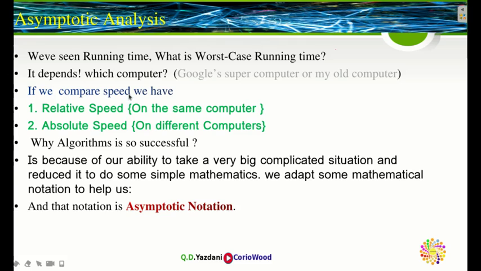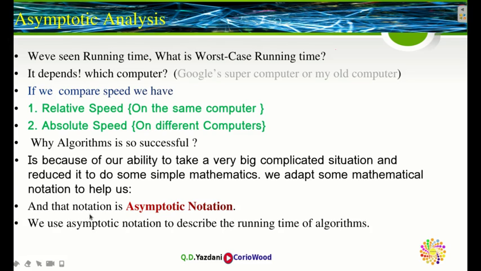That's what we mean by asymptotic. We use asymptotic notation to describe the running time of algorithms, and that's what we mean by the worst case running time.